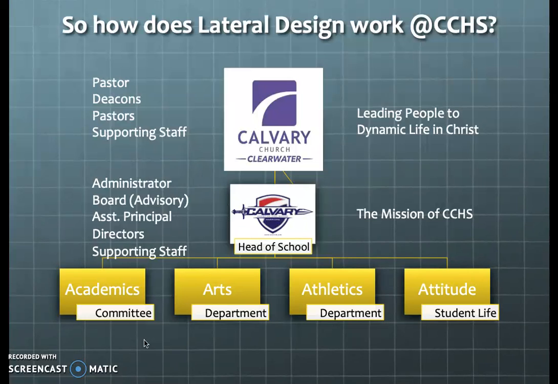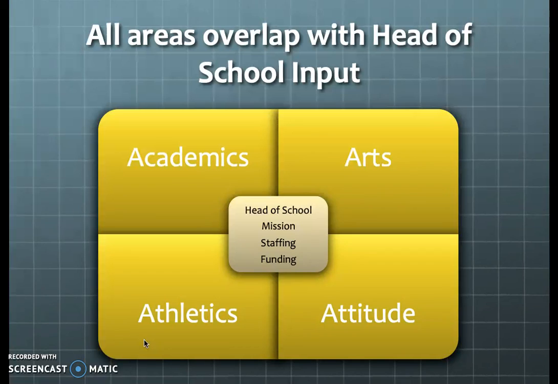All of these different committees or departments, the head of school is directly involved in the managing of each one. And so as we close today, how do we look at lateral design and how the head of school has input in each one of these areas? You see the 4 pillars placed there: academics, arts, athletics, and attitude.